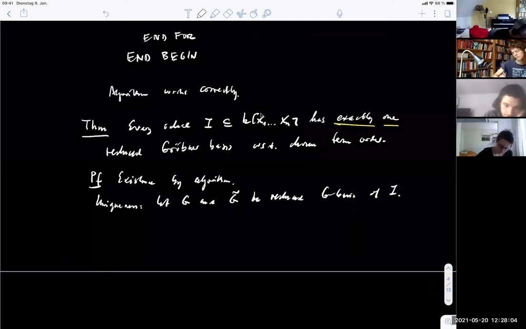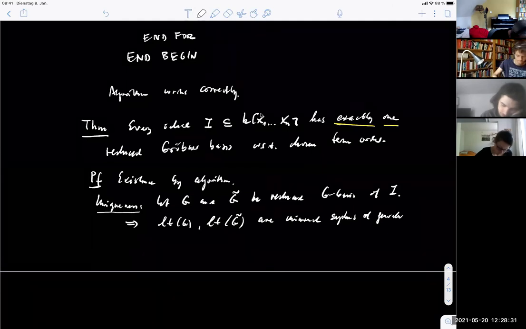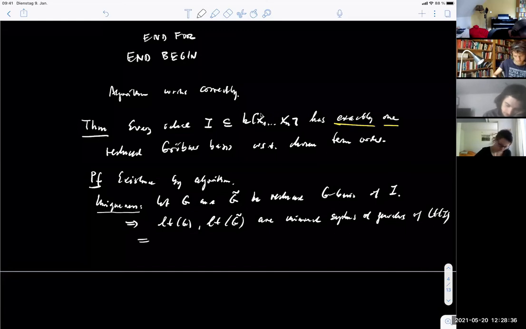So first step, I just use that G and G twiddle are minimal Gröbner bases, so the sets of leading terms, LT(G) and LT(G twiddle), are minimal systems of generators of the leading ideal. So they are equal.